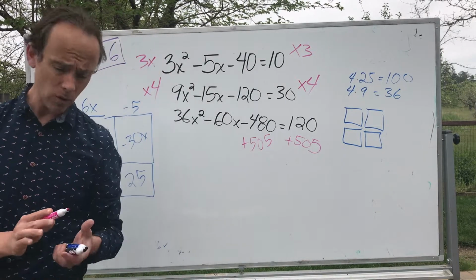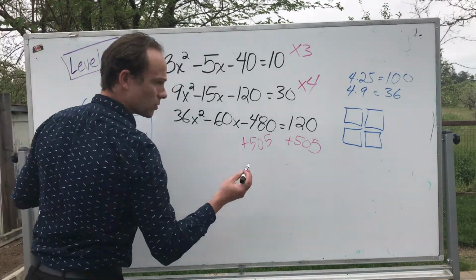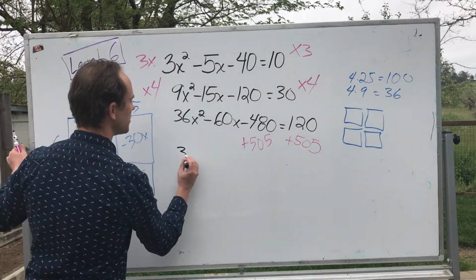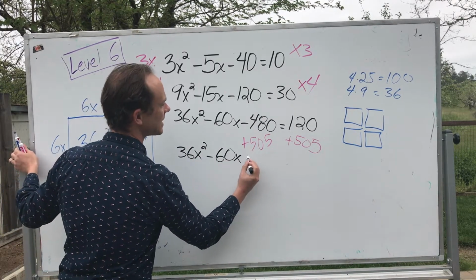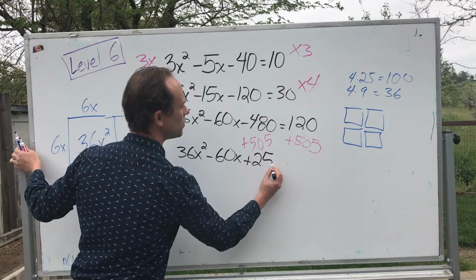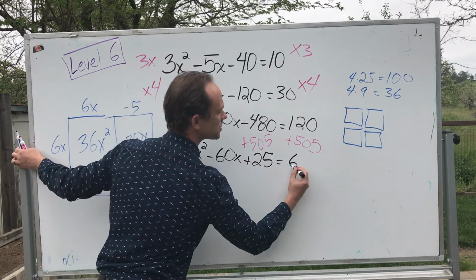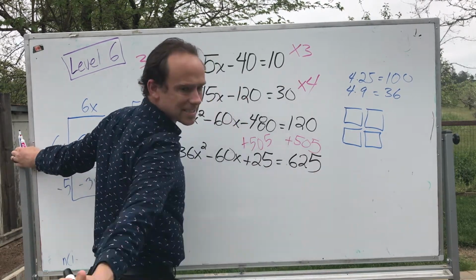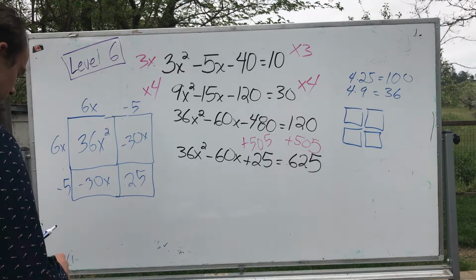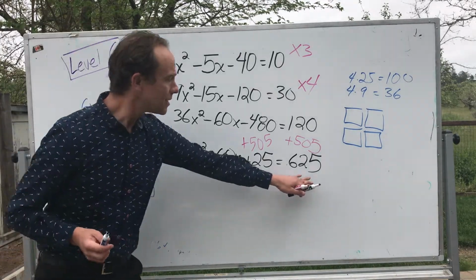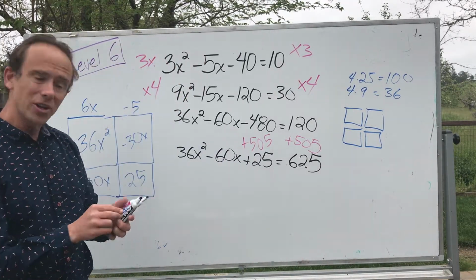You know how we roll. And so what do we got? Let's see. We have 36x squared minus 60x plus 25 is equal to 625. Really brilliant work.